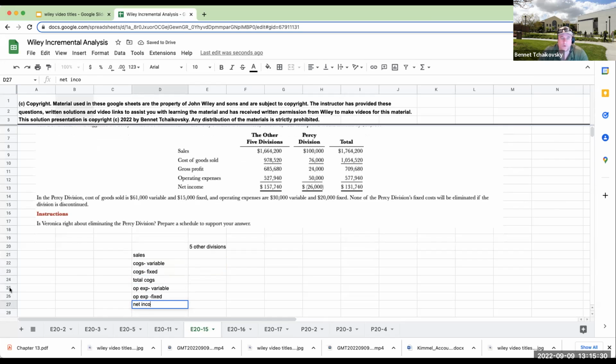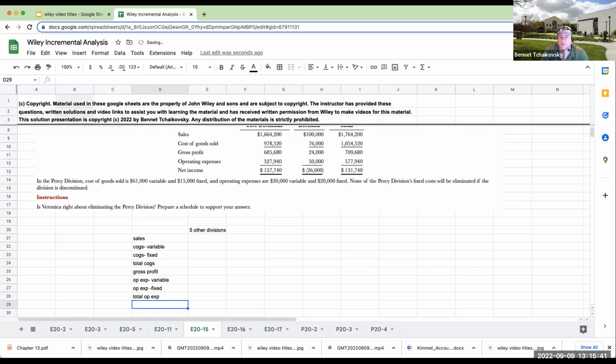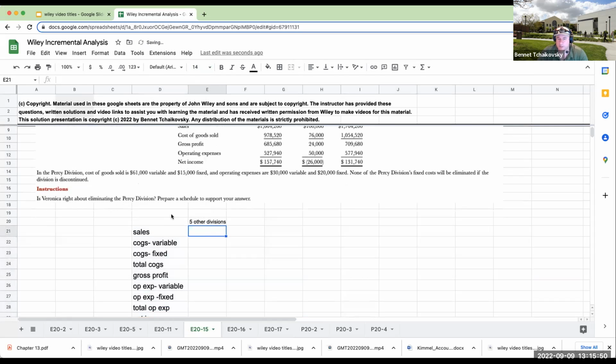I'm going to add in one thing over here, gross profit, and then our total operating expenses, and then we're going to get to our net income. Okay, so I'm going to rewrite this, and I'll show you why momentarily.